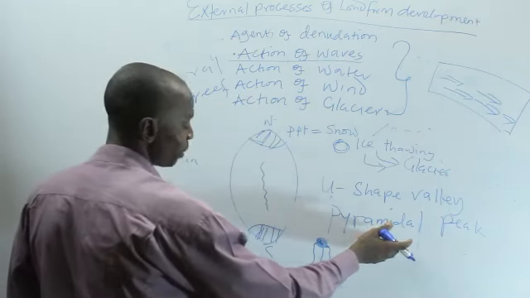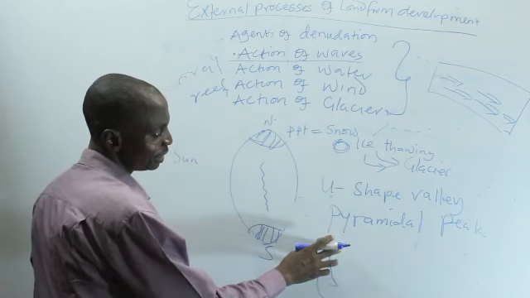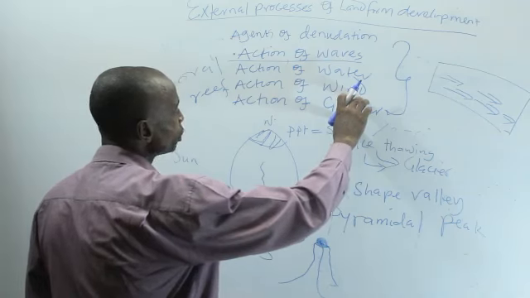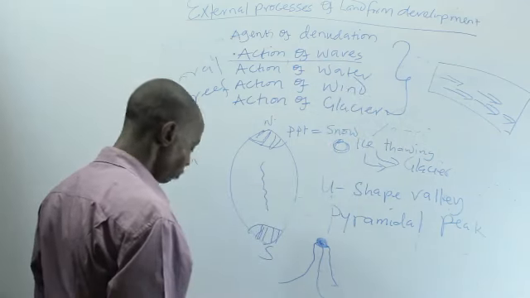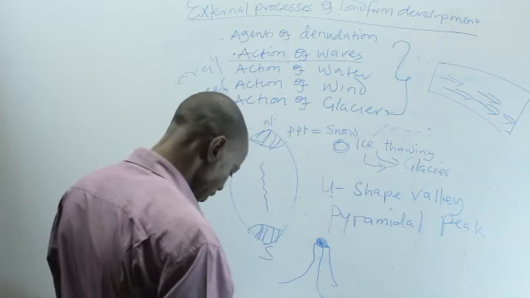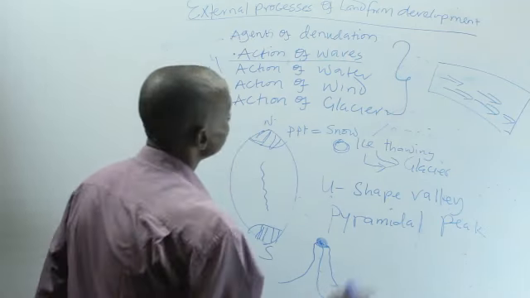That is what we mean by pyramidal peak. This type of pyramid is a feature that is produced as a result of the action of glacier. Remember, we are discussing landform development as a result of these agents.